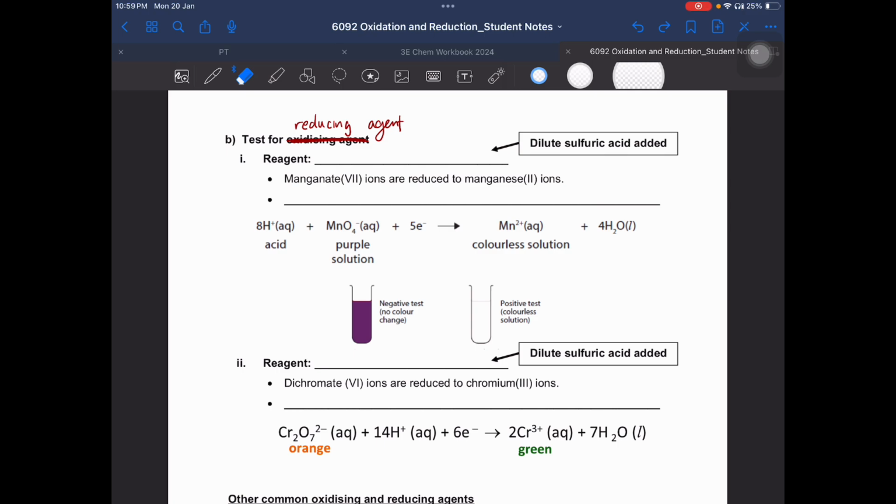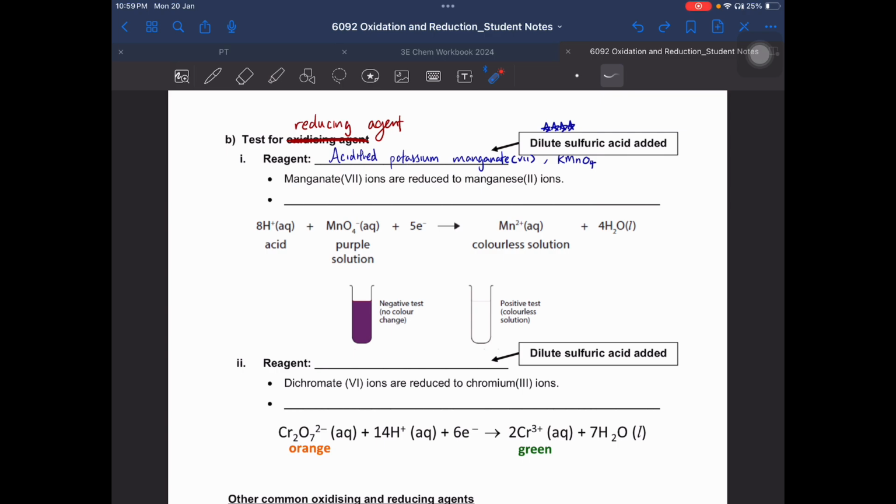Alright, so in the test for reducing agent, the first chemical that we'll be learning about is acidified potassium manganate 7, right? It's a mouthful, but take note of the spelling, and the formula of it is KMnO4. Please take note that this chemical must be acidified, and we do that by adding dilute sulfuric acid. If not, it will not work.